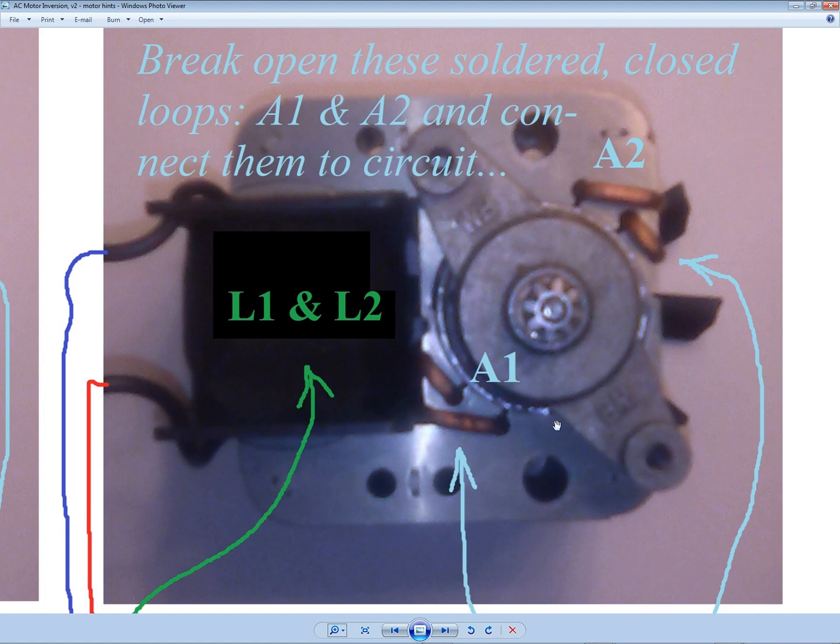So in this modification suggestion I'm making of a single-phase AC induction motor, we break open these starter coils so they're not closed loops anymore, and you connect them to the circuit. You label them here A1 and A2. They could just as easily be SP1 and SP2 for solar panels.